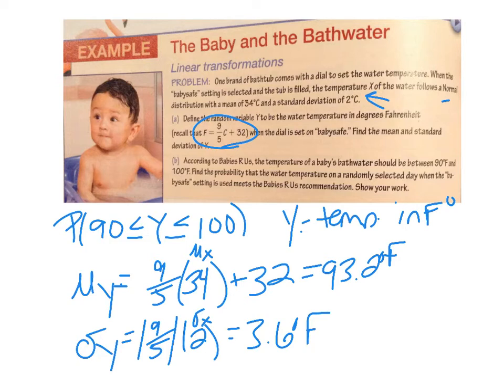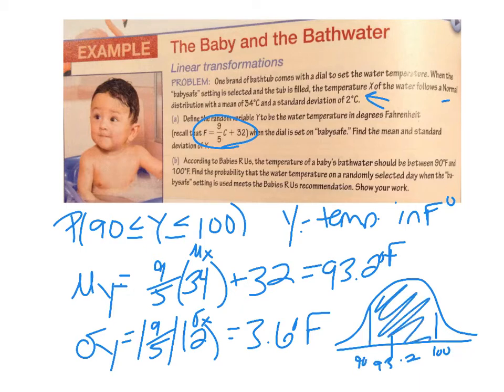You can even draw your picture, a normal curve with a mean of 93.2. I'm looking at 100 and 90, and I'm looking for this area under the curve.